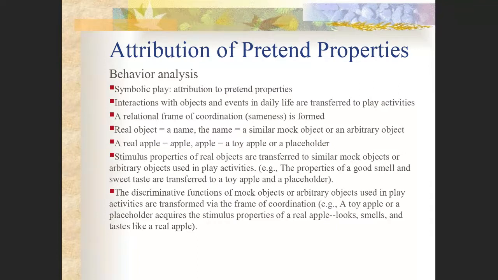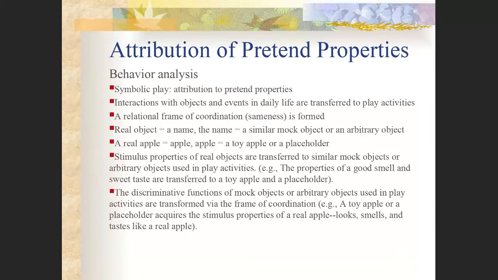For example, real apple, the name is apple. And then the name equals a similar mock object or an arbitrary object. For example, the name apple is applied to a toy apple or a placeholder, which is an arbitrary object that doesn't look like an apple in any way, okay?